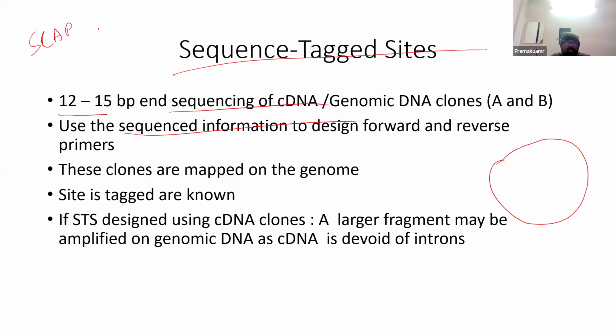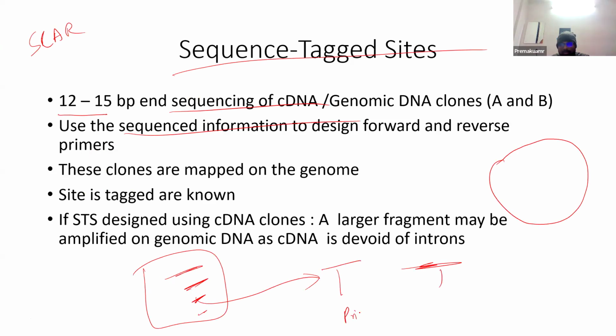In a SCAR marker, you elute a band from a RAPD gel, design primers from its ends, and amplify. We don't know where this fragment is located in the genome. Then you can call it a SCAR marker or a CAP marker.